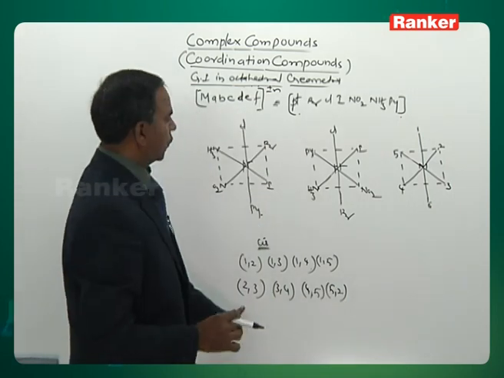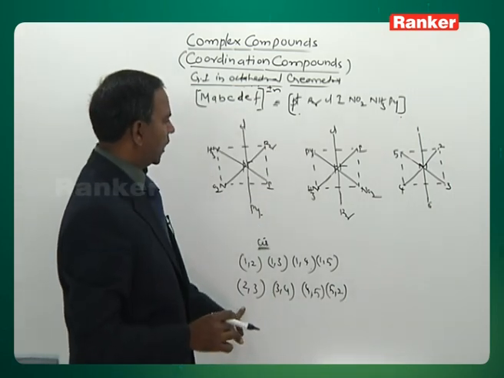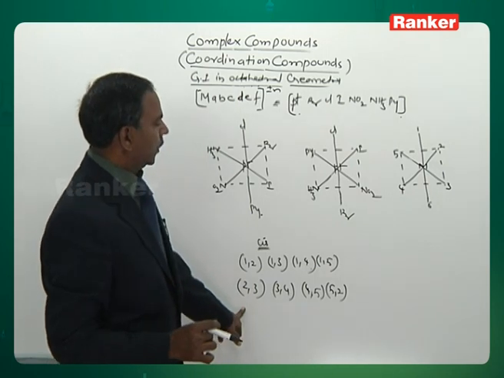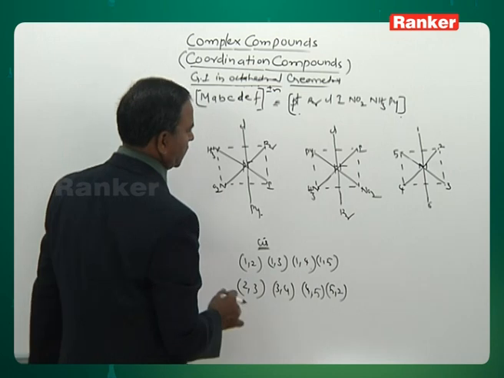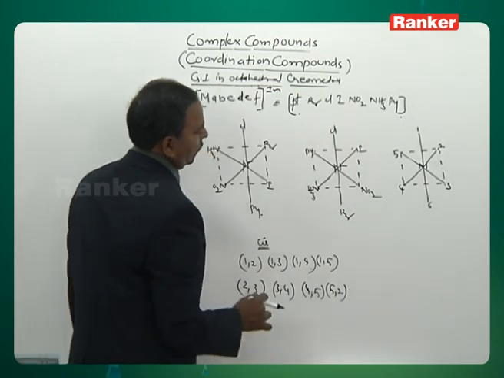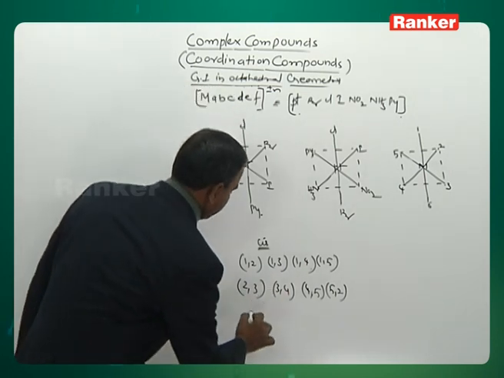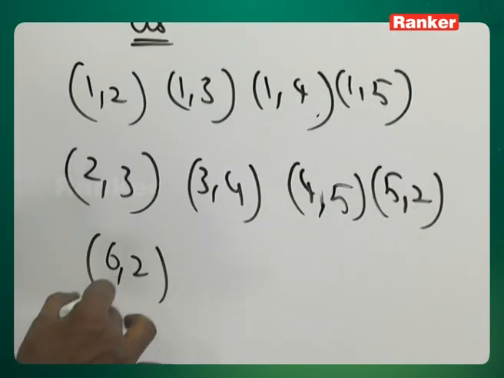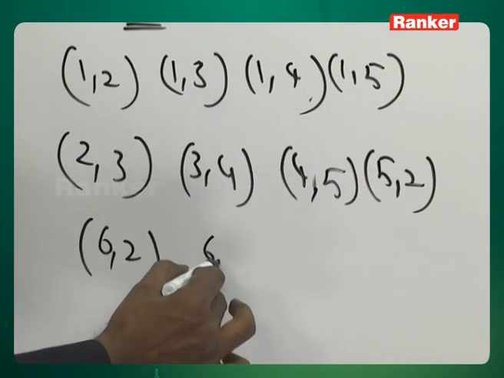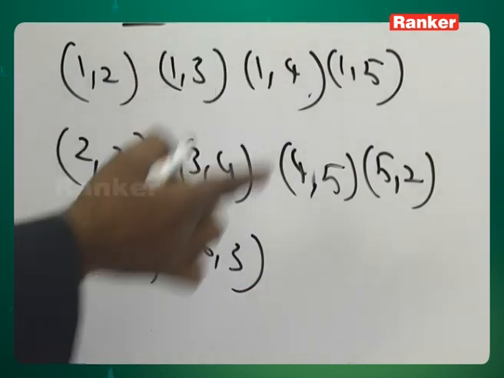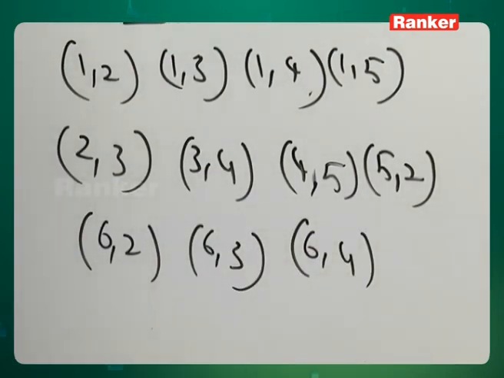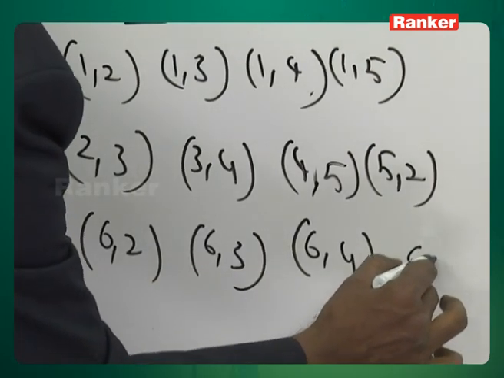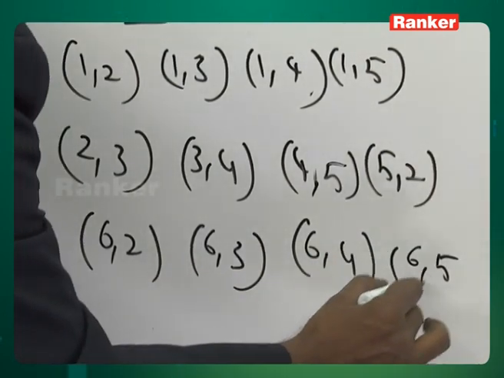Next, 2 3, 3 4, 4 5, 5 2. Next, 6 2, 6 3, 6 4, 6 5.